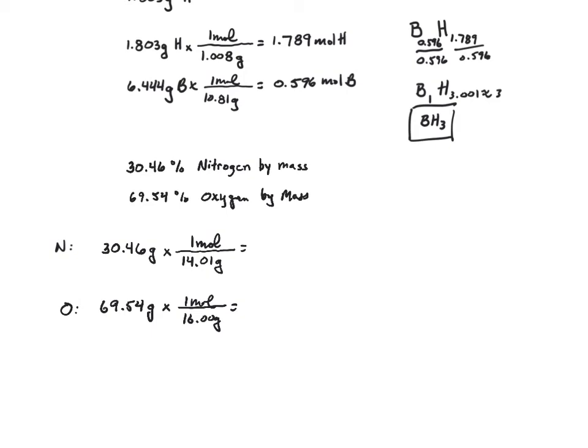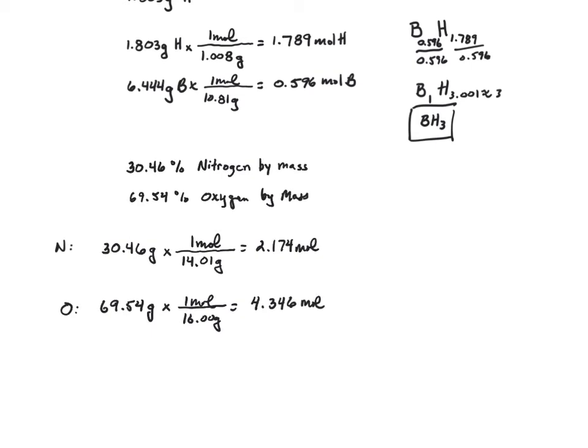So we take 30.46 divided by 14.01, and we get 2.174, and that's moles. And then for the oxygen, we take 69.54 divided by 16, and we get 4.346.